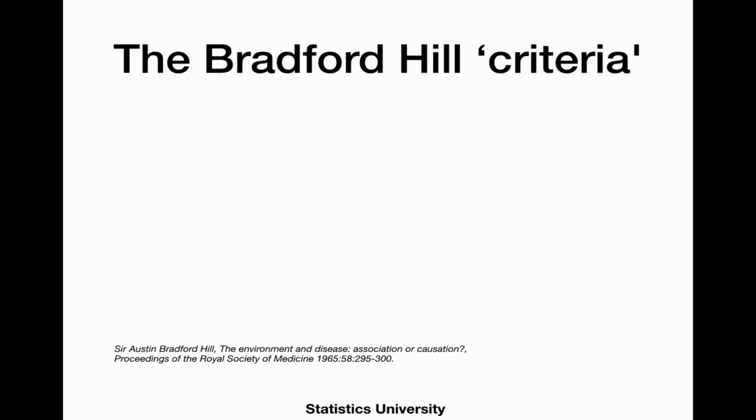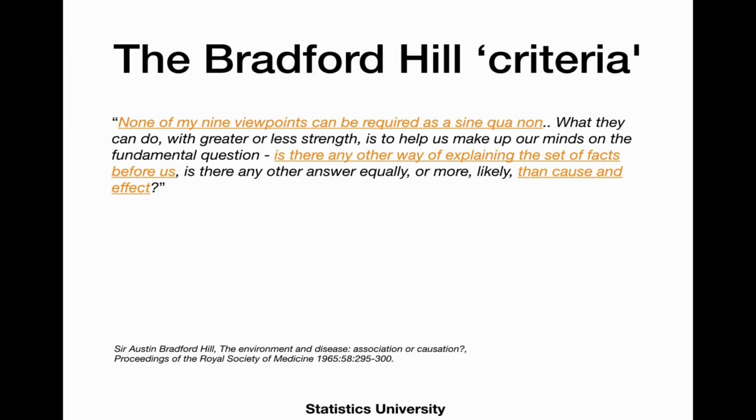Some people refer to this list as the Bradford-Hill criteria, but Bradford-Hill himself doesn't like that designation because he tells us that none of my 9 viewpoints can be required as a sine qua non.